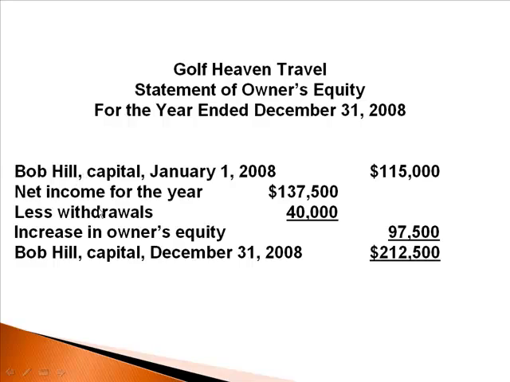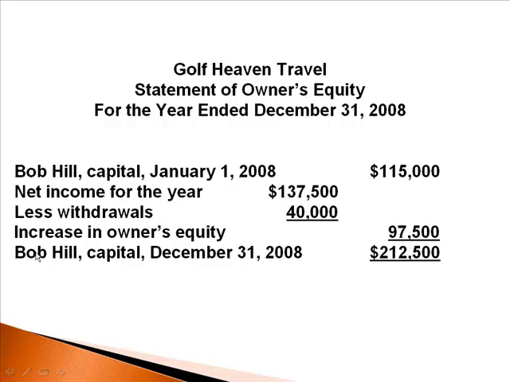Step 3, subtractions from the capital account would be, in our case, only one of the two possibilities, the withdrawals by the owner. And so our increases were $137,500. Our decreases were $40,000. The increases is larger, so we have step 4, a net increase to the owner's equity of $137,500 minus $40,000, or $97,500.